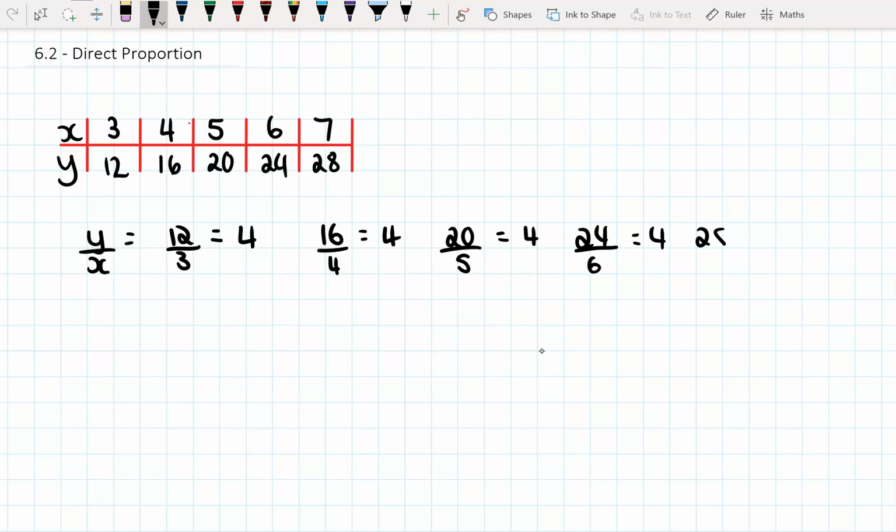And 28 divided by 7 gives 4. You can also see that each time we move forward in the table, y goes up by 4.